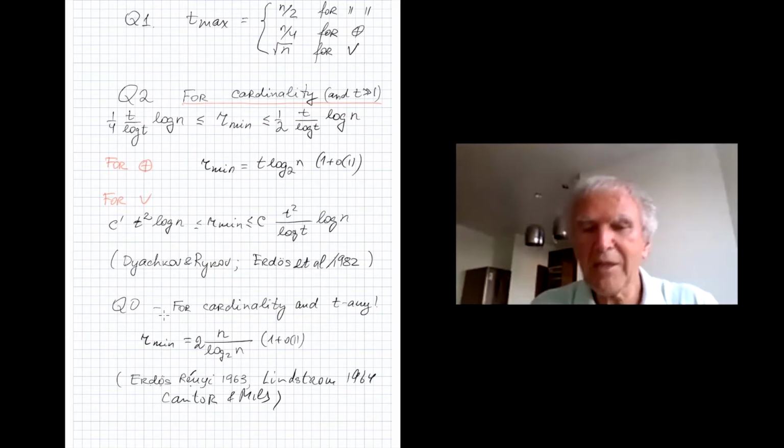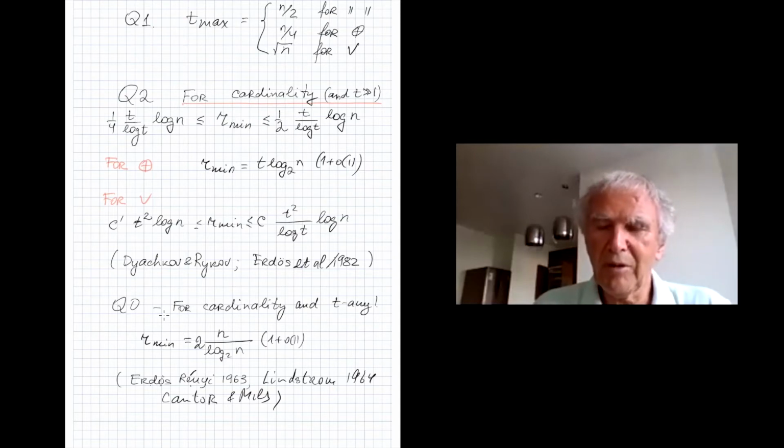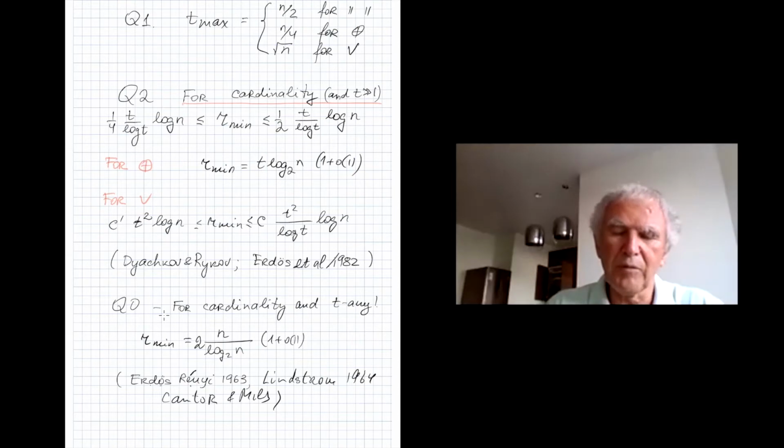But in this case, random coding or the probabilistic method will give constant 3. So it appears not to be the correct one, and an explicit construction gives us 2.